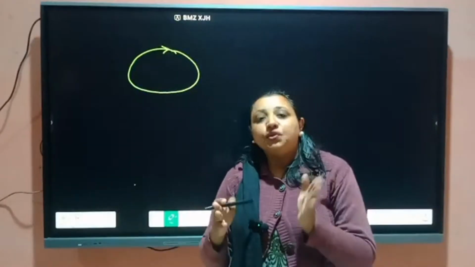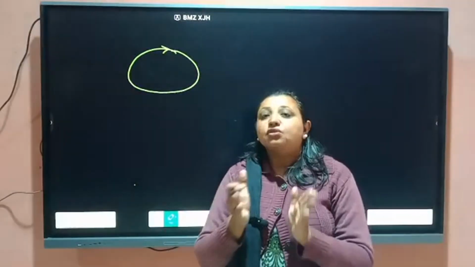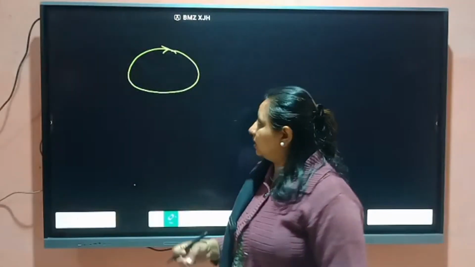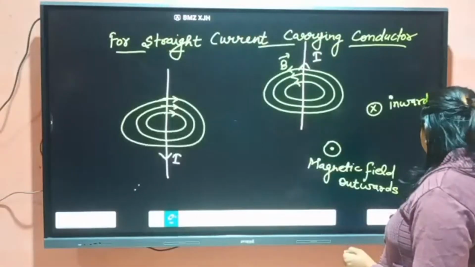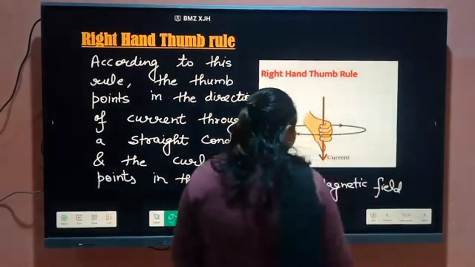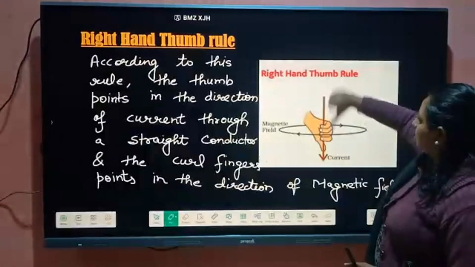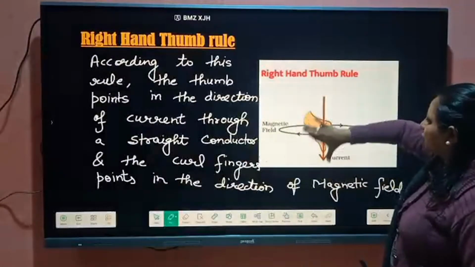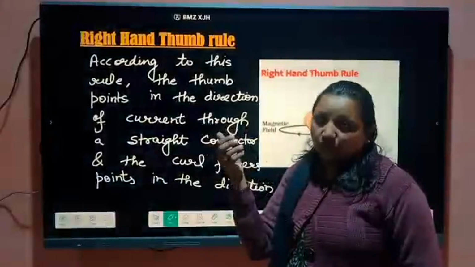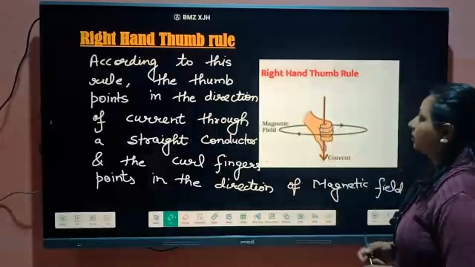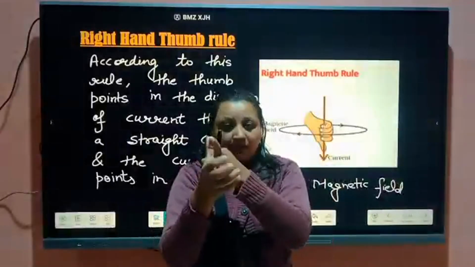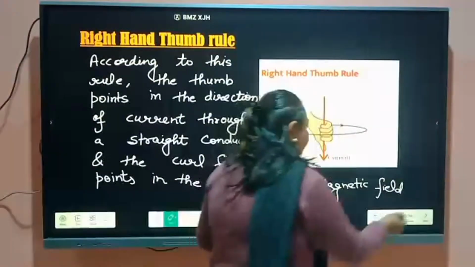So the right hand thumb rule can be used to determine the direction of magnetic field in the case of a straight current carrying conductor as well as a circular loop. Okay? So this is the right hand thumb rule. If the current goes down, the direction of magnetic field is clockwise. If it goes up, the direction of magnetic field is anti-clockwise in the case of a straight current carrying conductor. So I hope you understood the right hand thumb rule for current and magnetic field in the straight case.